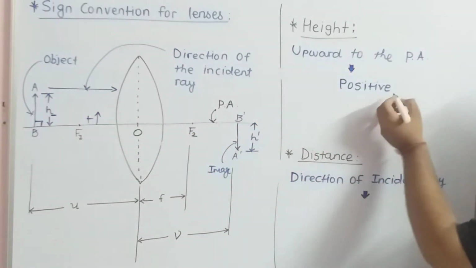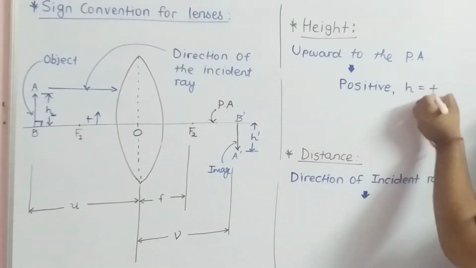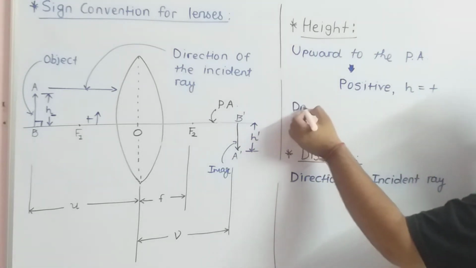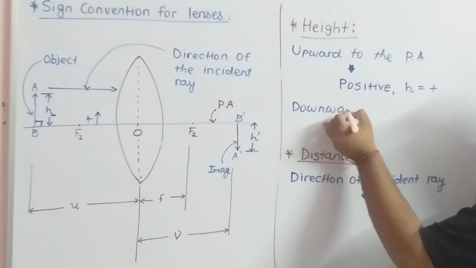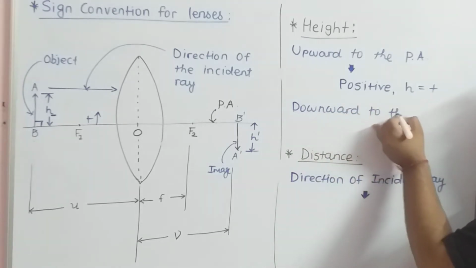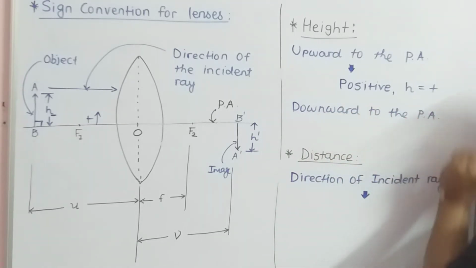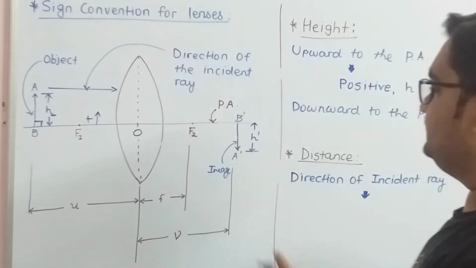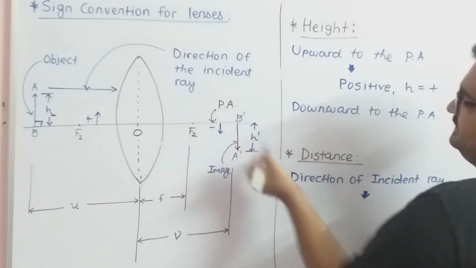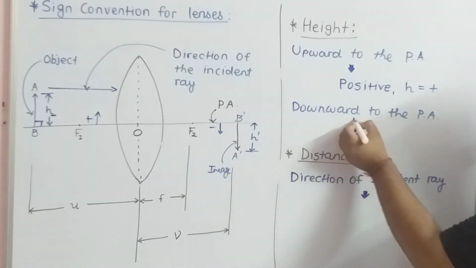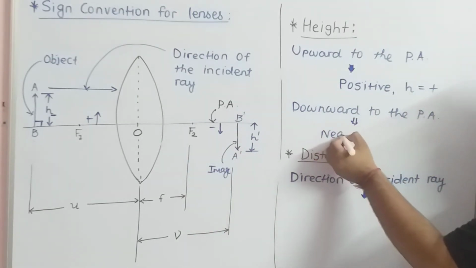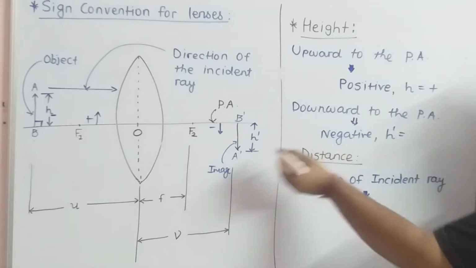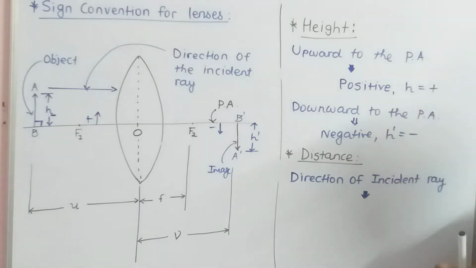So here the object height is positive. Now we discuss downward to the principal axis. We measure all the heights downward to the principal axis as negative. Okay, negative. So here the image height is negative.